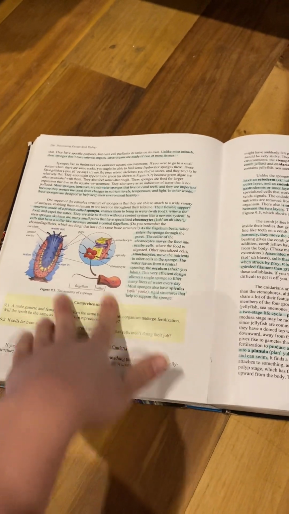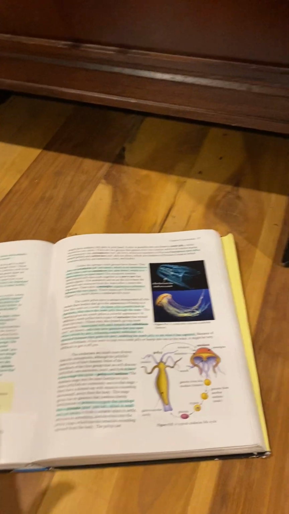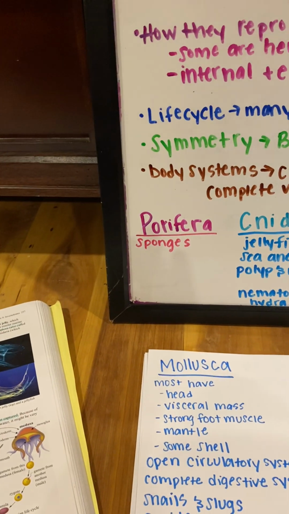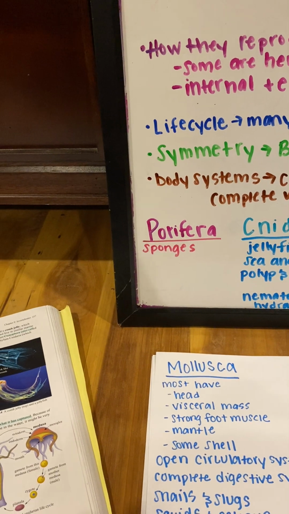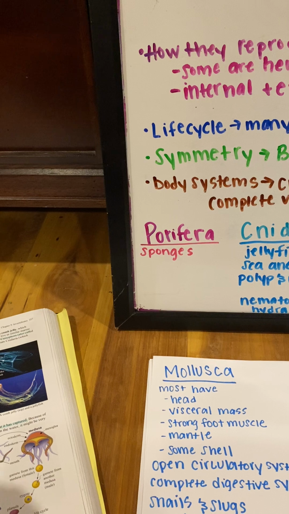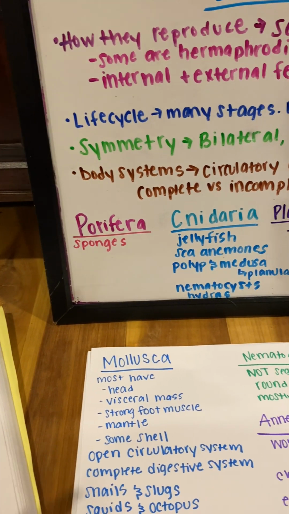All that's in there. I'm not going to read the whole chapter to you. I'm skimming, hitting the high notes. But your Porifera is your sponges. The way I remember that is porous and Porifera kind of sound similar. Anything that's porous can soak up water like a sponge. So Porifera, sponges. Remember that.